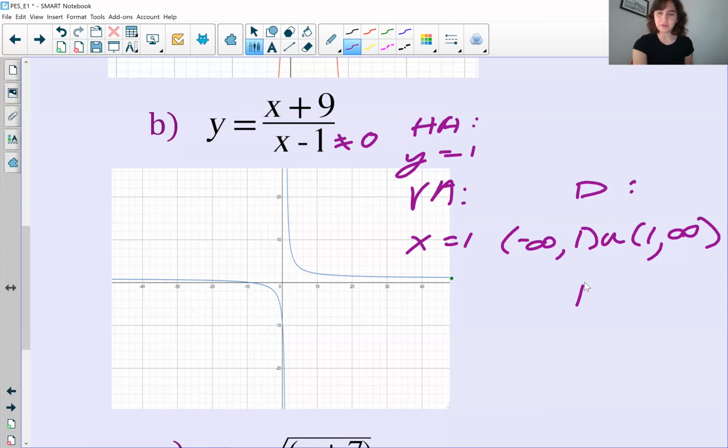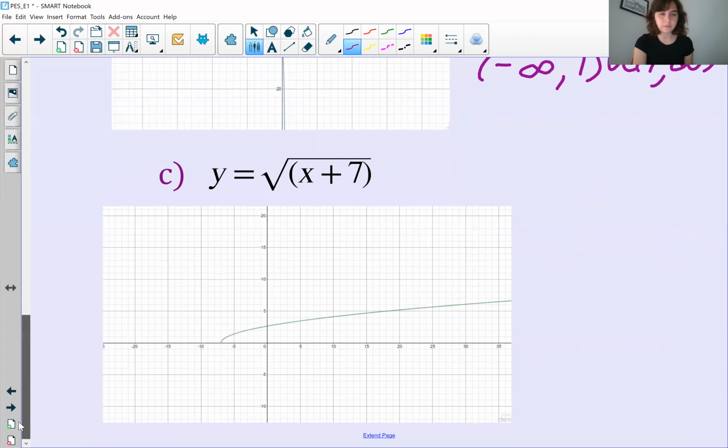And like I said, I'll go into more detail about that in a later video. But for now, we're just using some information we've picked up from the last math class. And so it's going to be the same as our domain for our range because of that asymptote. Put that in interval notation. Okay.